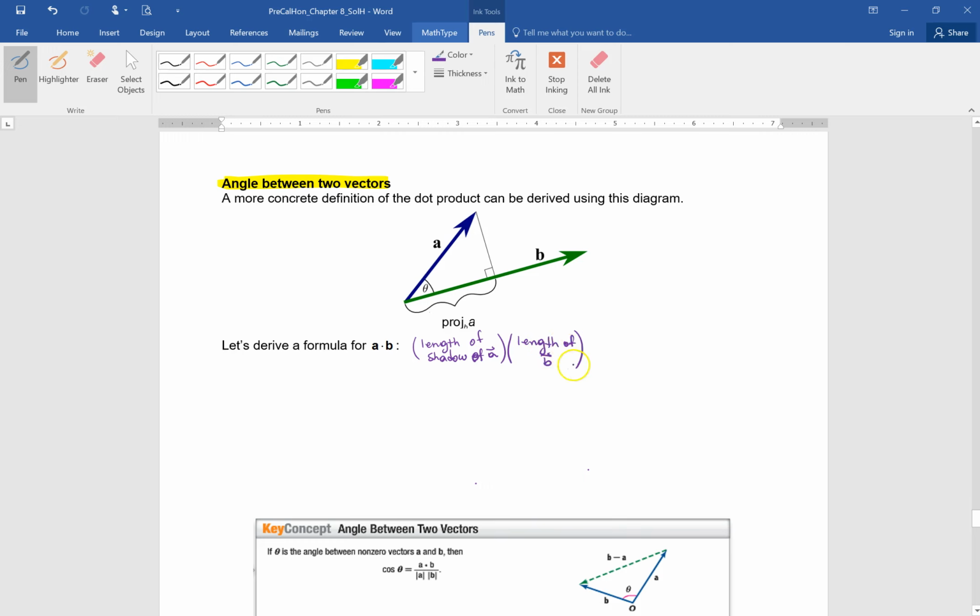Length of B, magnitude of B, those words are interchangeable. So this is the length of the shadow here.